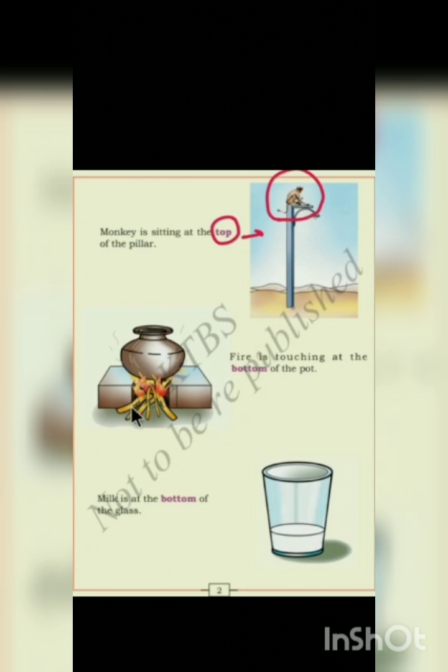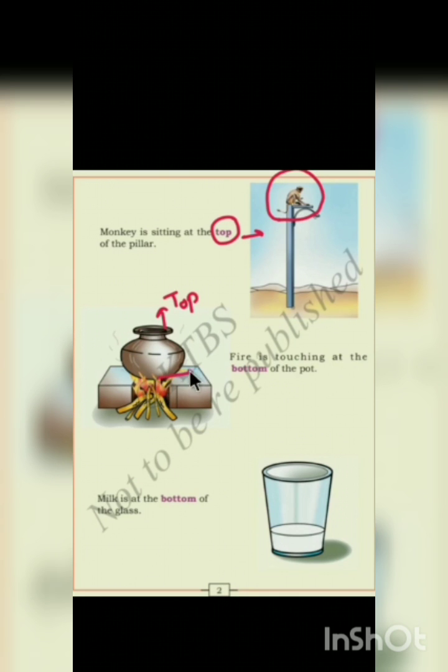Okay. Here you can see a pot. Yes. So the fire is touching at the bottom of the pot. So what is this? This is the top of the pot. And what is this?